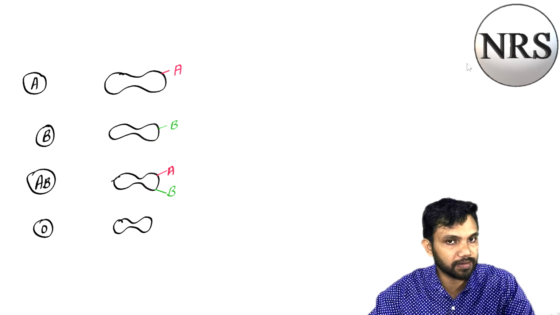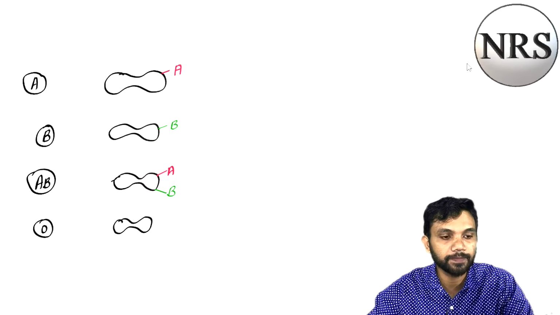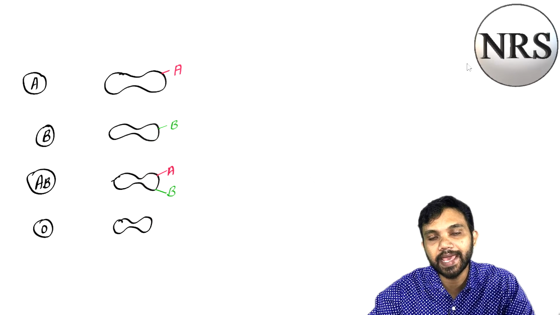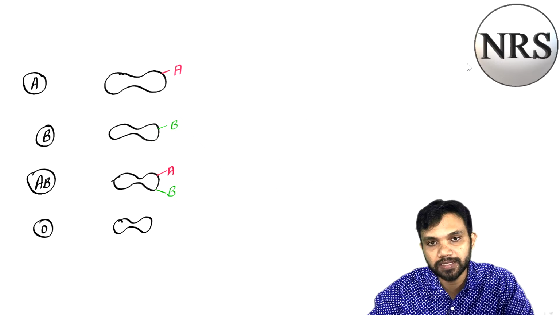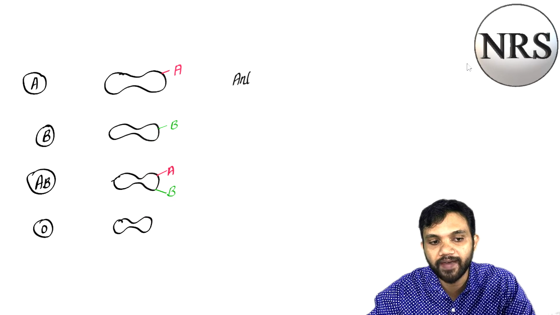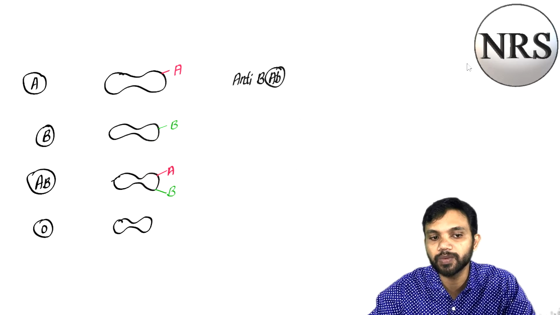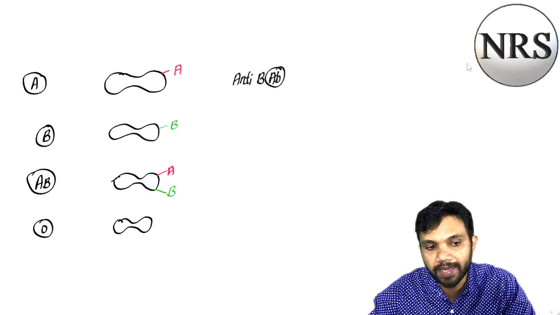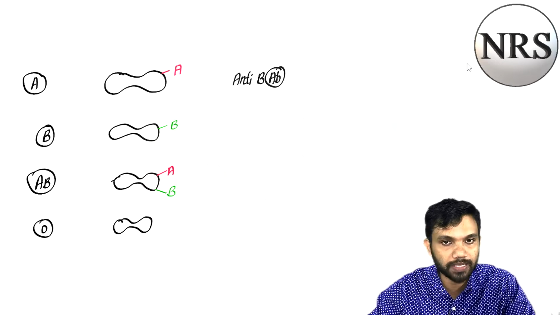So you should know blood grouping. Let's write down the antibodies. This person has A antigen and not B antigen, so his body will have anti-B antibody, which means if B antigen comes, this antibody will destroy that cell.